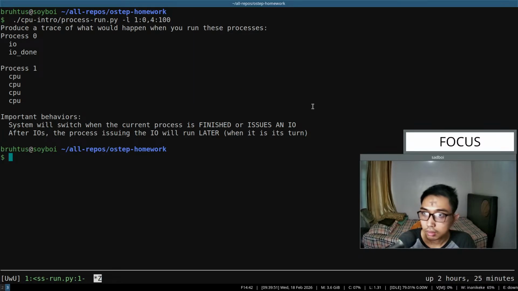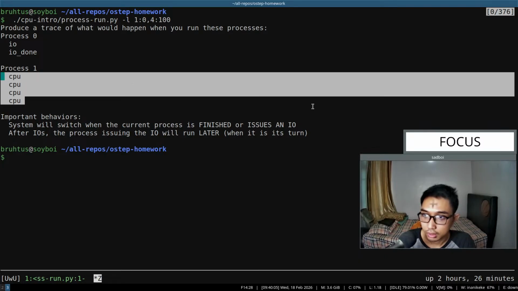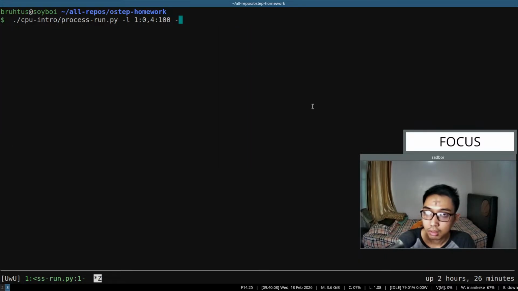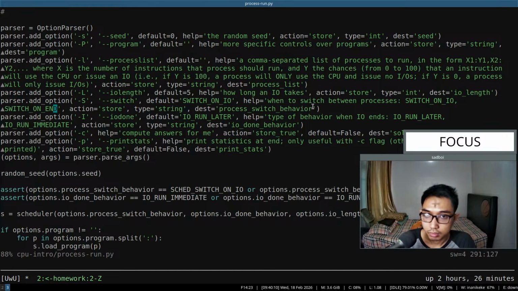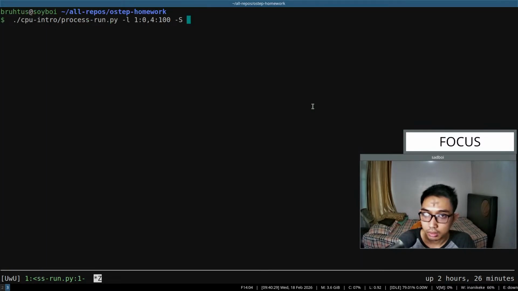I mean, from the report, it's not really obvious yet, right? Can we do something like this? Switch on I/O. Oh, okay. Switch on I/O means that when the input-output blocks, we switch to another process. Then waiting. Okay.